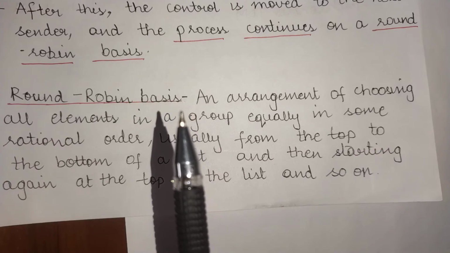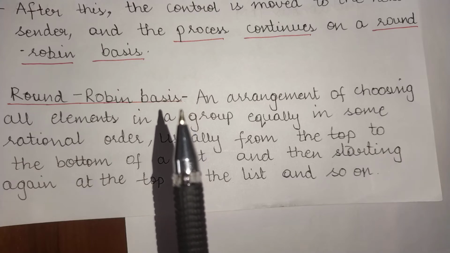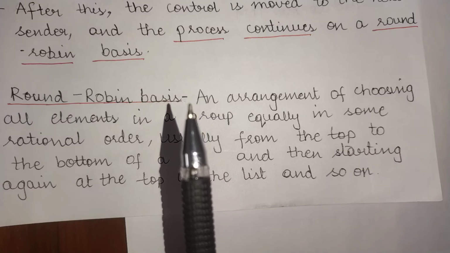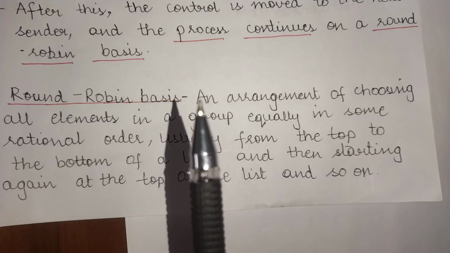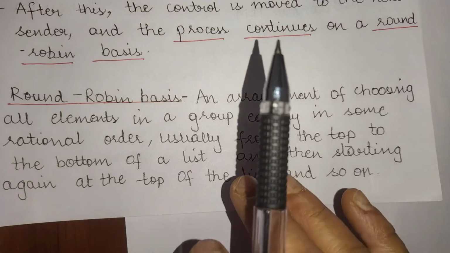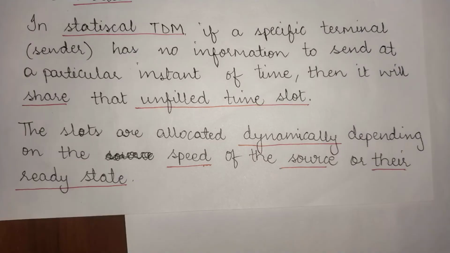So obviously it has to wait again for its turn, which will come in a round robin basis. When its turn comes again, it will send the remaining data. Then again it will wait for its turn, and then again send the remaining data, and so on till it sends the entire data that it wants to send. So this is how these senders transmit data in case of time division multiplexing.